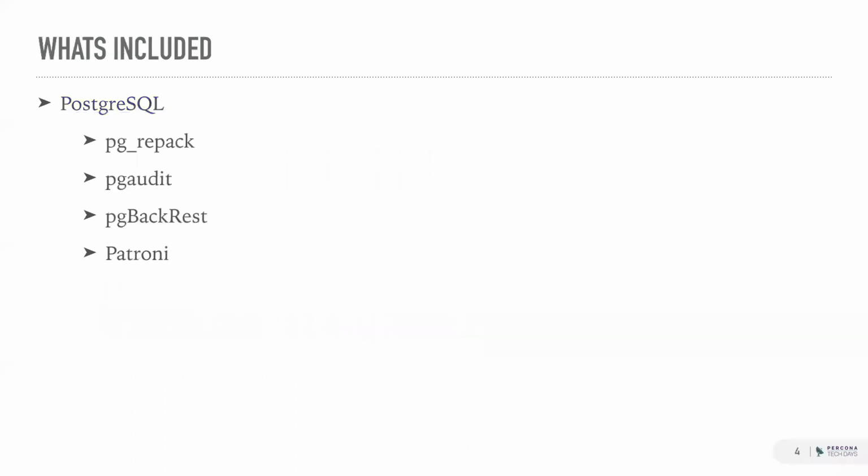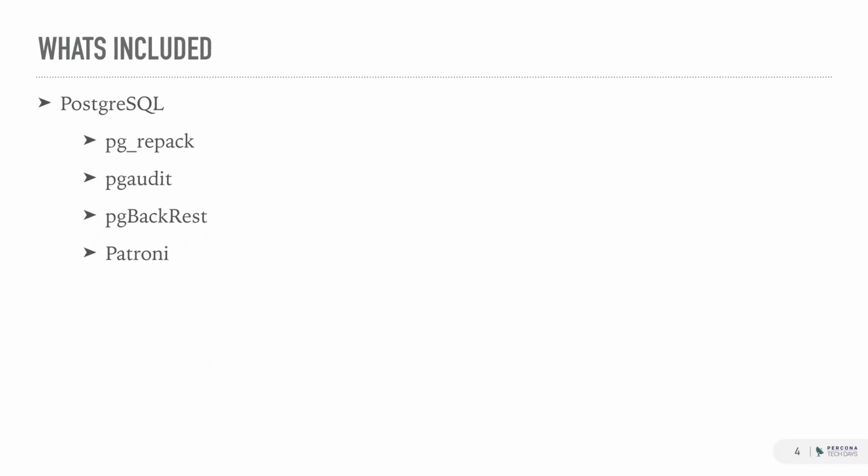So what's included in Percona Distribution at the moment? You would be able to get Postgres, the community Postgres, and you're also going to see some well-tested extensions and tools. Percona has spent a lot of time testing and making sure that the extensions as well as the tools we choose satisfy enterprise needs, and that they work the right way.